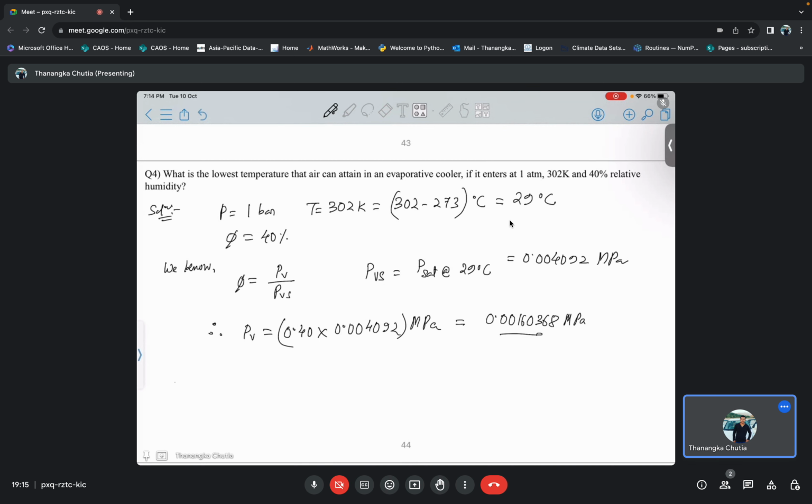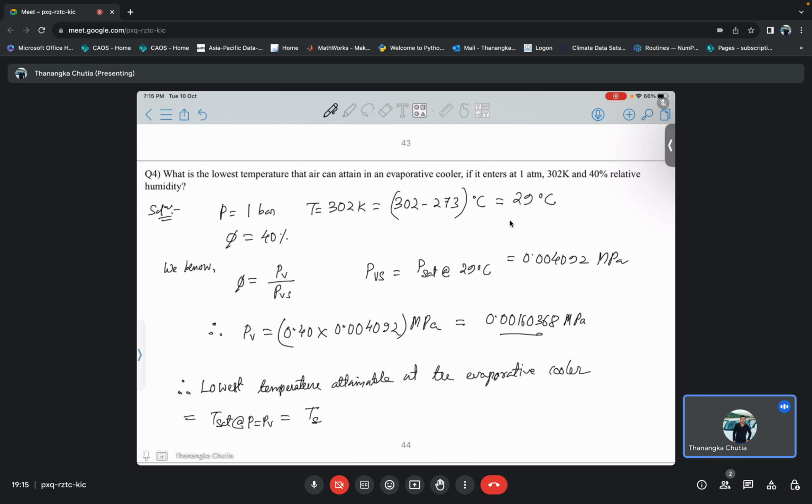Now at this particular PV, from the steam table I can find the dew point temperature. Therefore the lowest temperature attainable at the evaporative cooler is equal to T saturation at P equals PV.